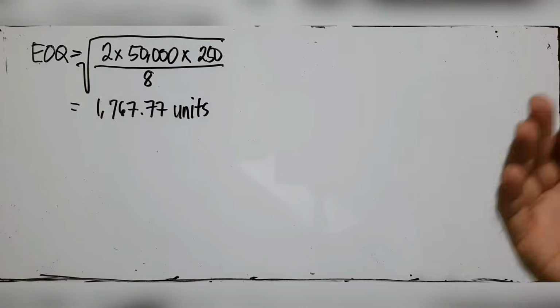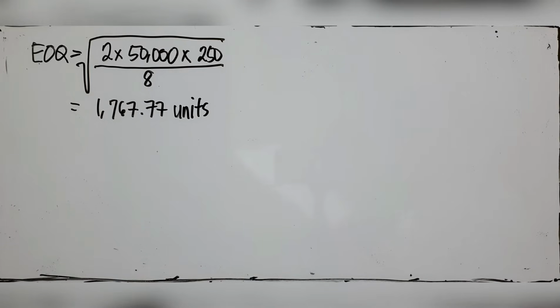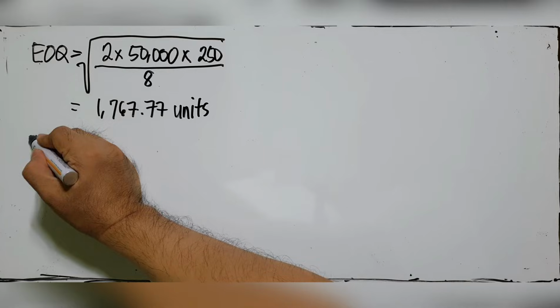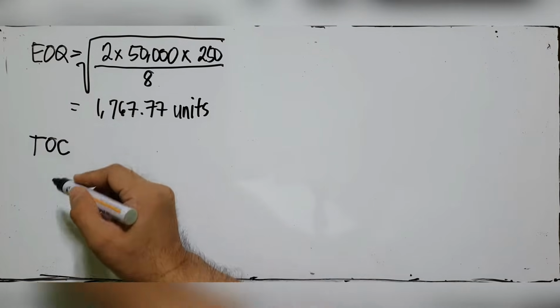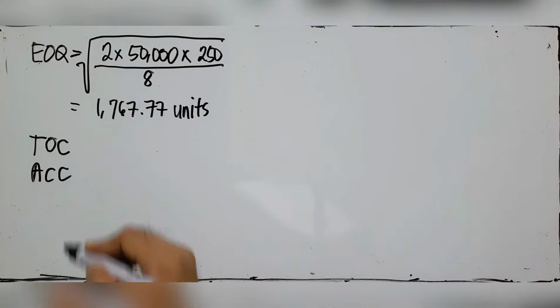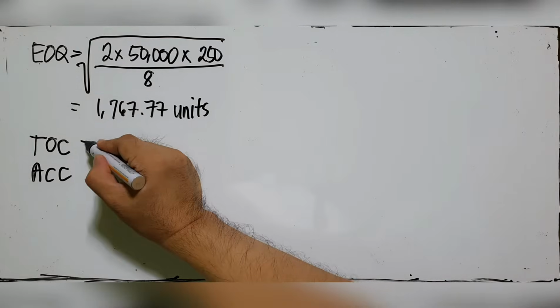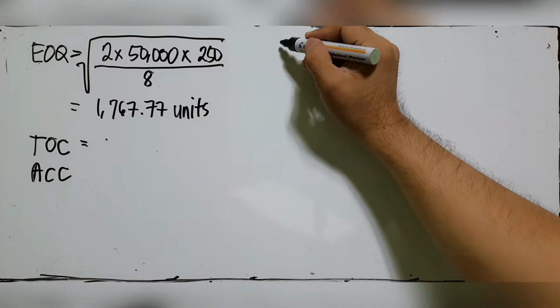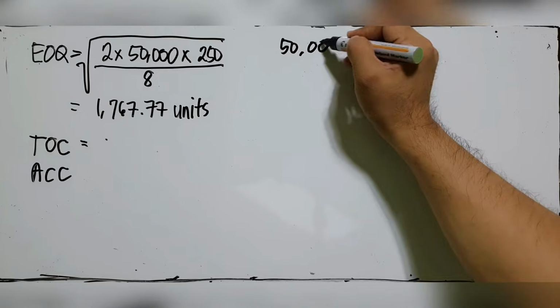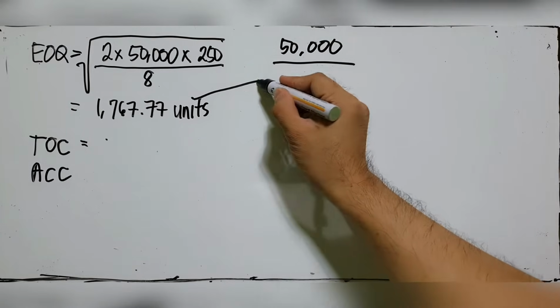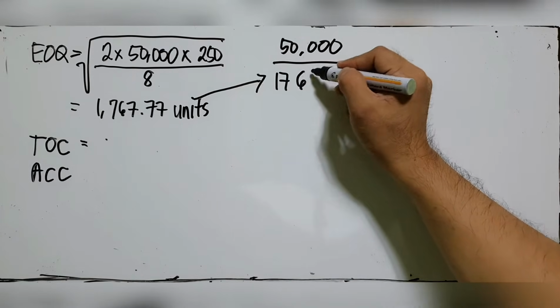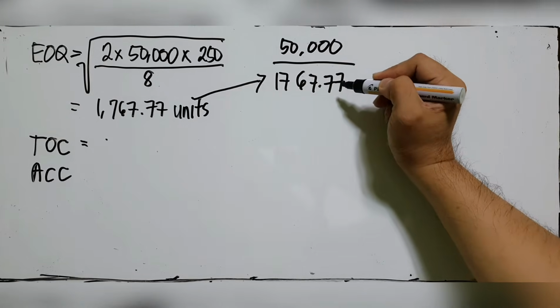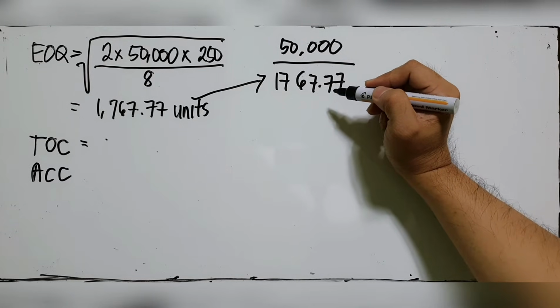So, we are asked for the total relevant cost. So, the total relevant cost ay total ordering cost plus annual carrying cost. Total ordering cost ay ilang orders ba ang meron tayo dito? So, that would be 50,000 over your EOQ na 1767.77. Ilang orders ang meron tayo?